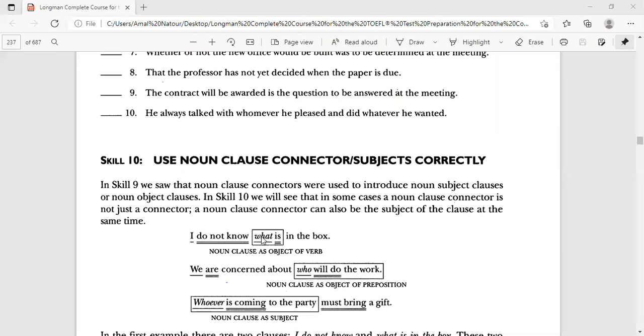The noun clause connector can also be the subject of the clause at the same time. ممكن تكون هي الفاعل للفعل.